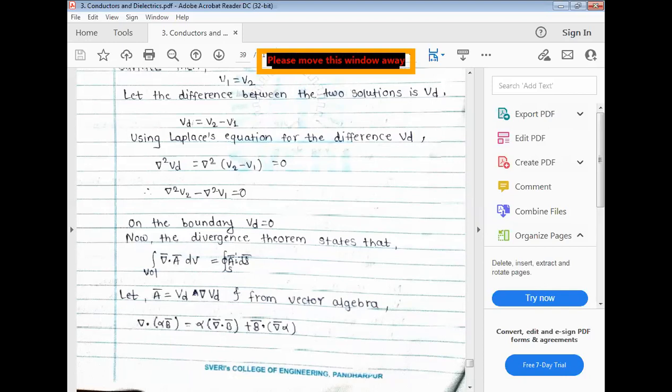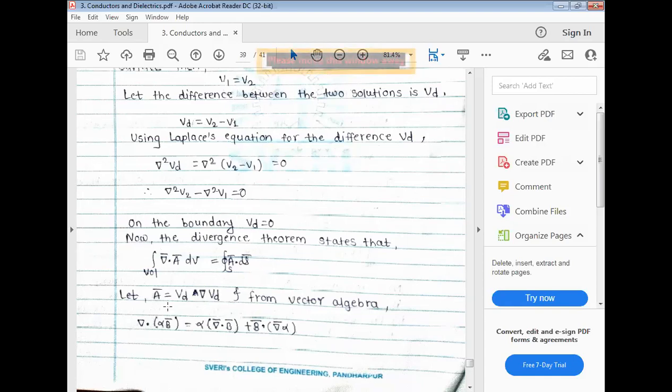Here del dot A bar is the divergence, and this is that vector into ds bar. So this is your divergence theorem.